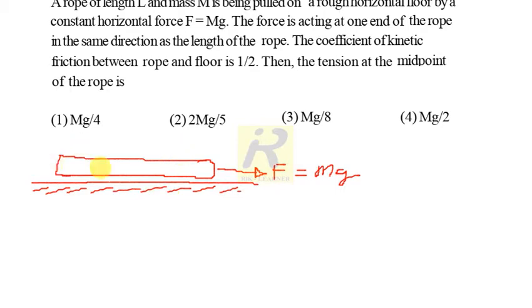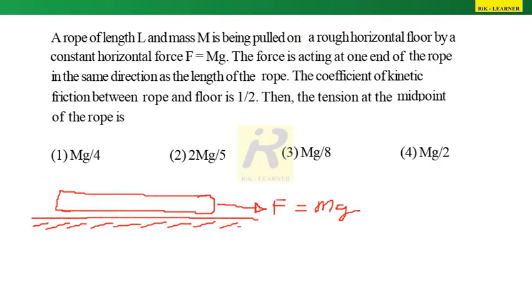Now the mass of the rope itself is m, and the length of the rope is L.